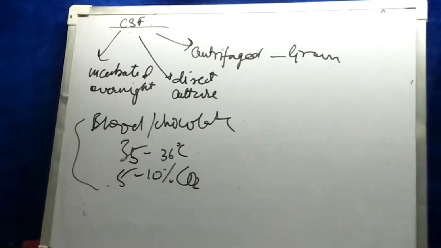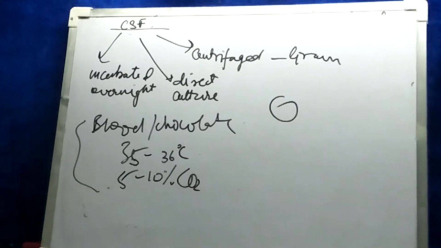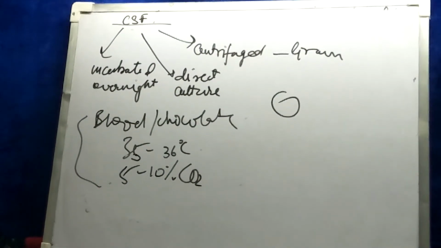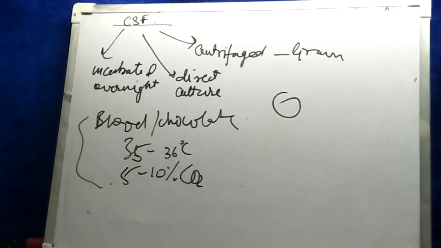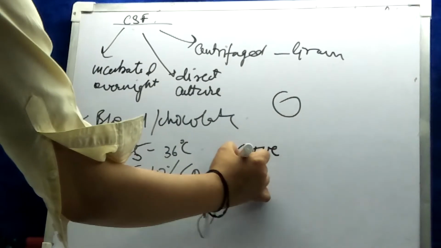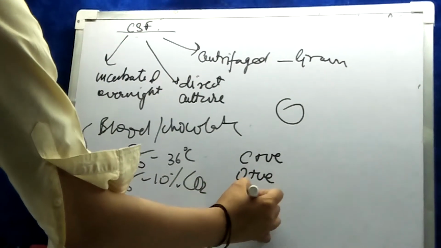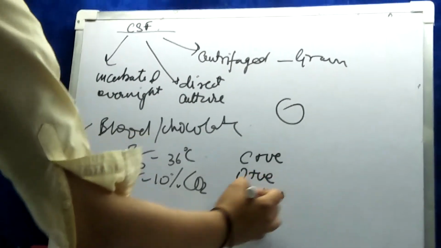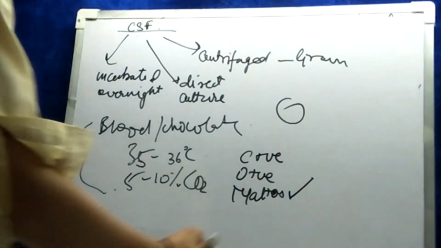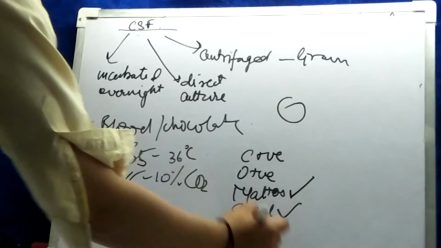Now, how will the colony appear? The colony will be round, convex, grey, translucent with clear edges, and diplococci. Biochemical reaction: it is catalase positive, oxidase positive, and maltose will be fermented, with acid and not with gas.